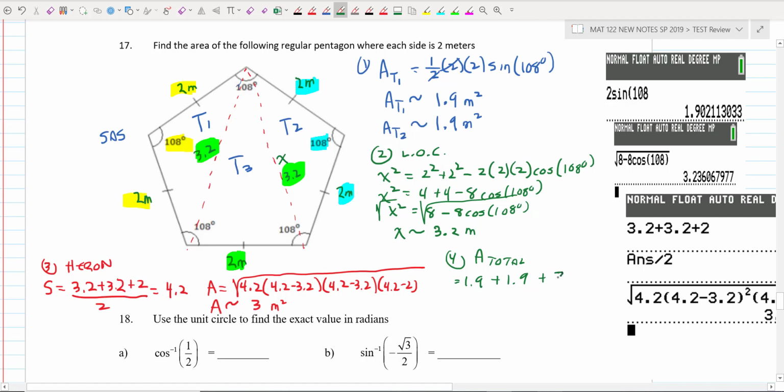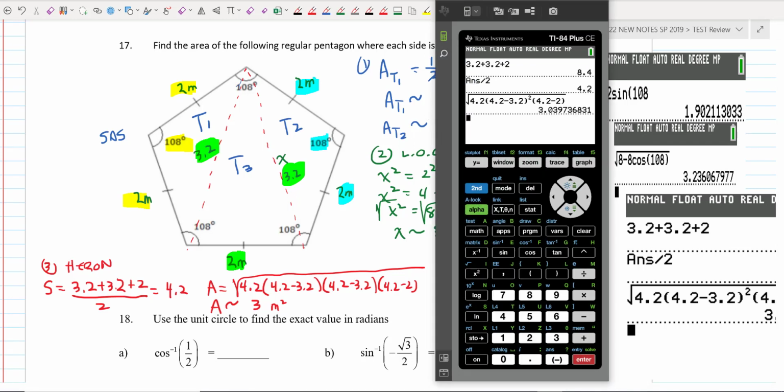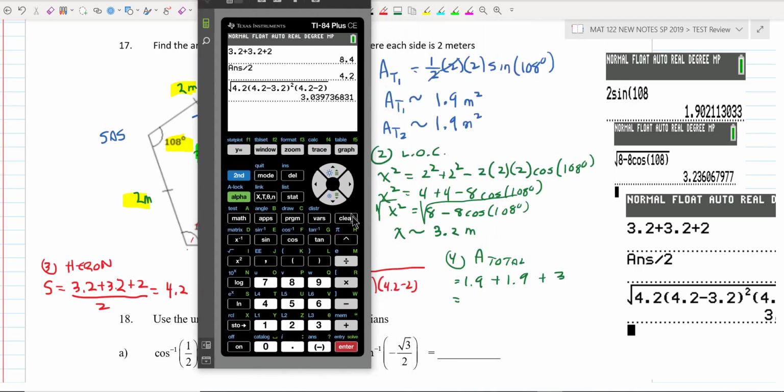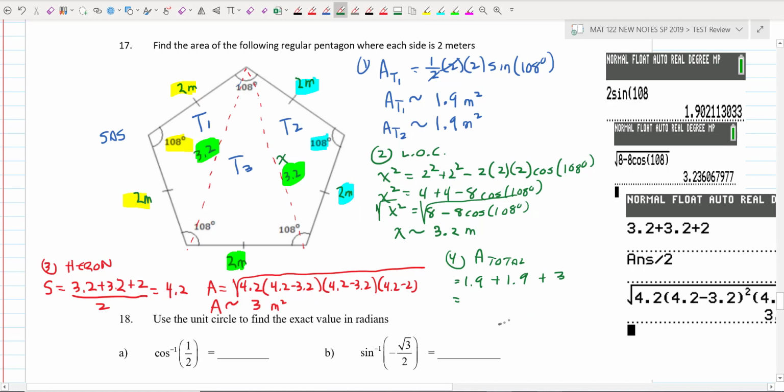I guess the triangle in the middle is the one that has the biggest area. So I'm just going to do 1.9 times 2 plus 3, and that'll give 6.8. So the final answer on this problem would be 6.8 square meters.